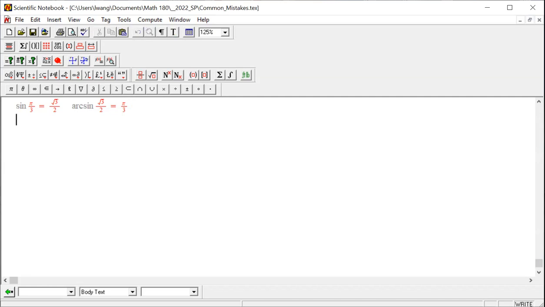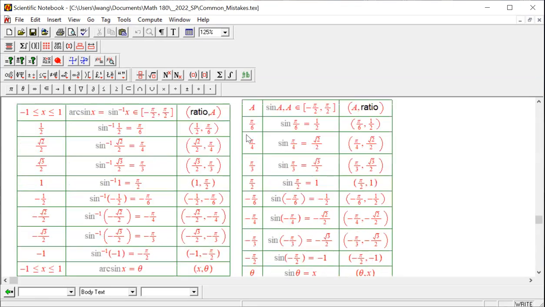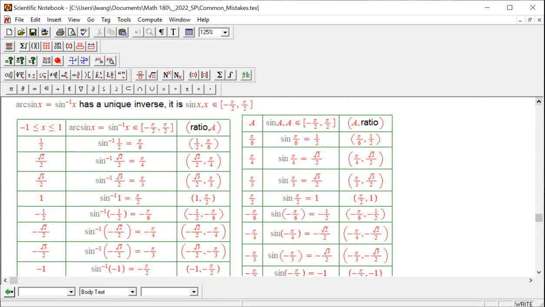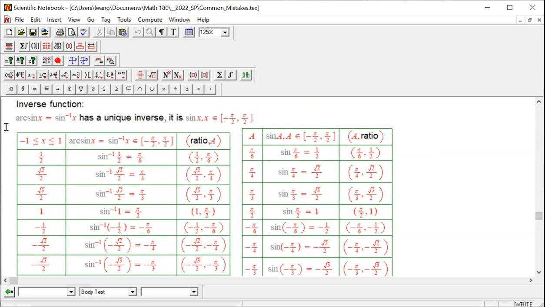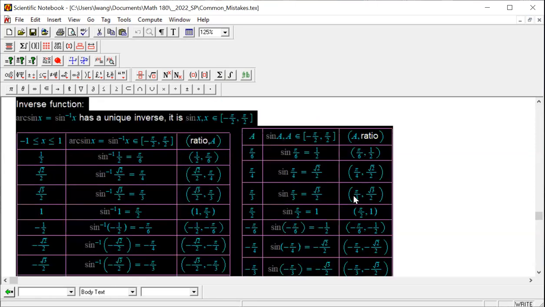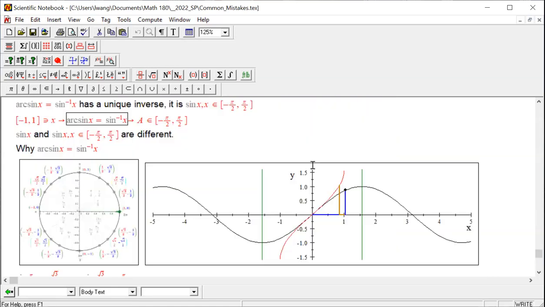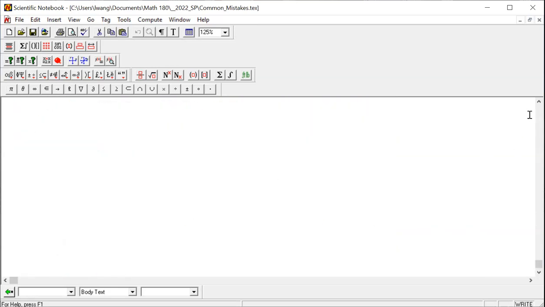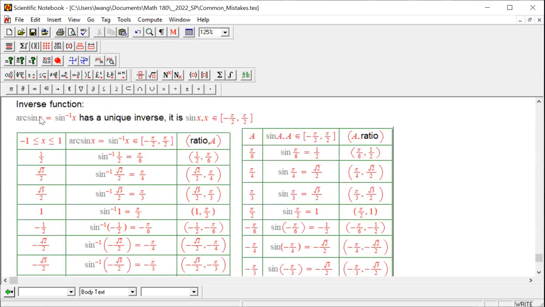Let's see. How about cosine? I think it might be necessary for me to do this table for you for cosine, because of the following reason. Arc cosine and arc sine have the same domain, but the ranges are different.